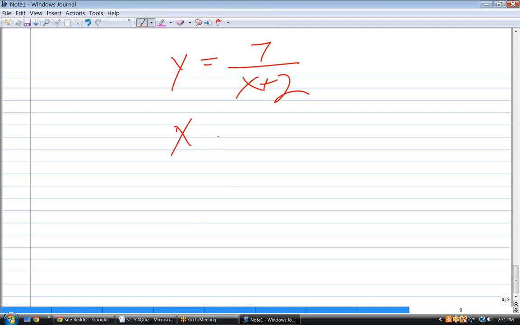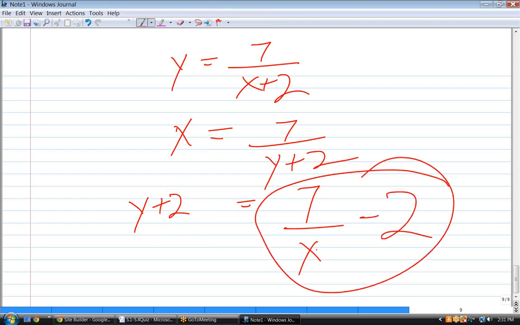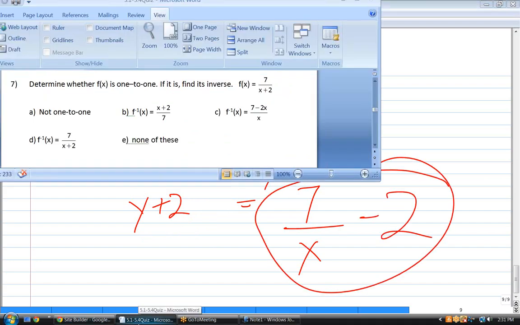Step 2 is solve for y again. So here I would multiply both sides by y plus 2 to move it out of the denominator, then divide by x to move the x over, and then subtract 2. That's what we're looking for. And that would be none of those. Look closely.